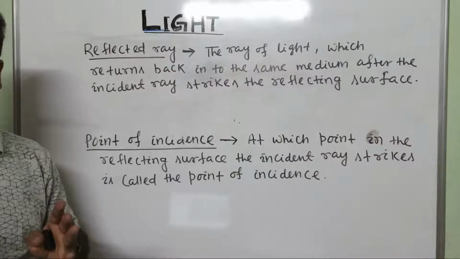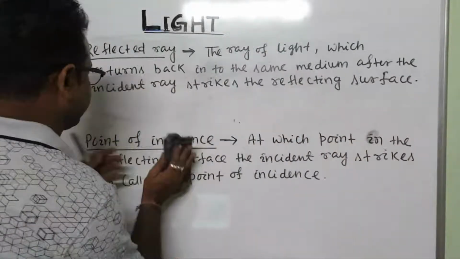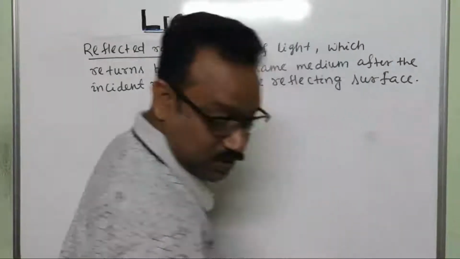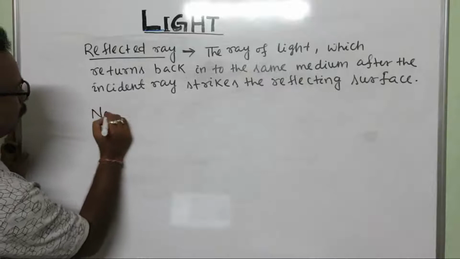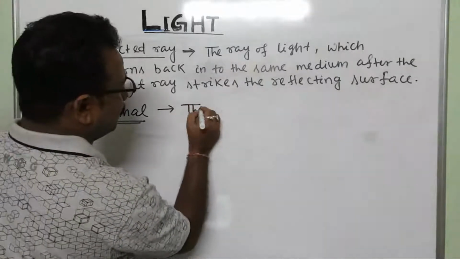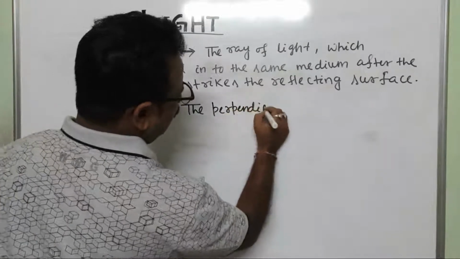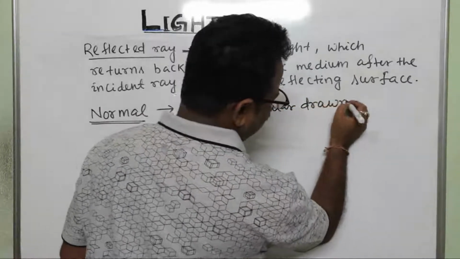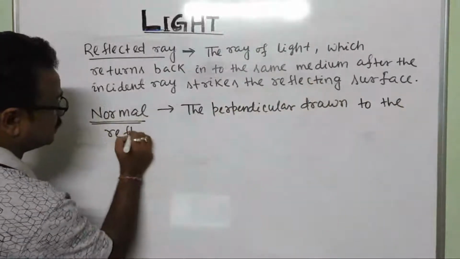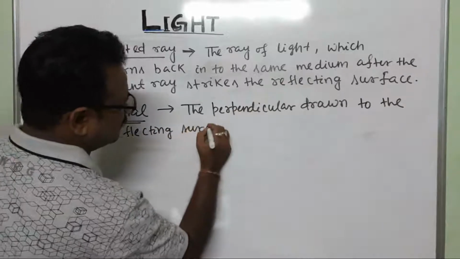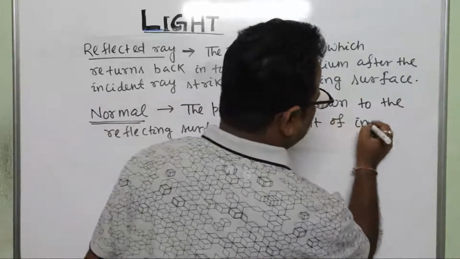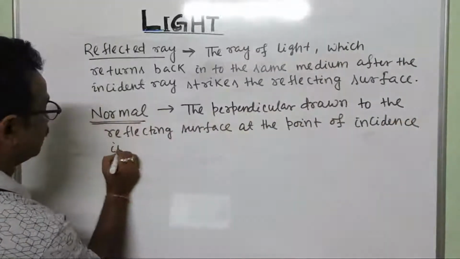Then another one, most important one, is normal. So see the definition of normal. What is normal? The perpendicular drawn to the reflecting surface at the point of incidence is called the normal.